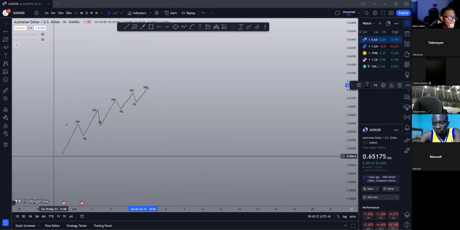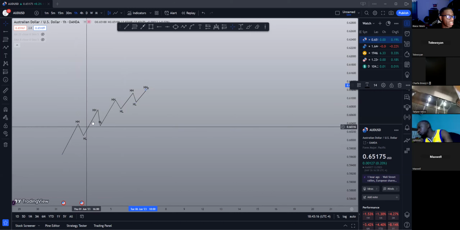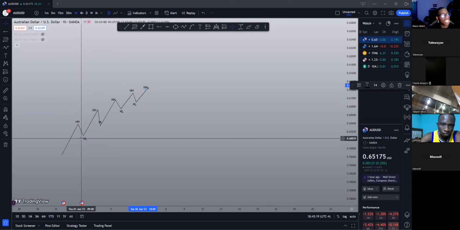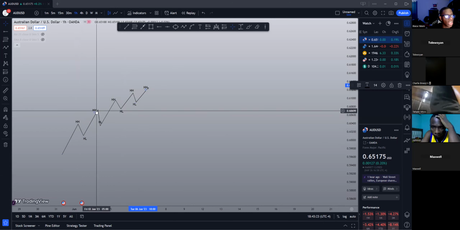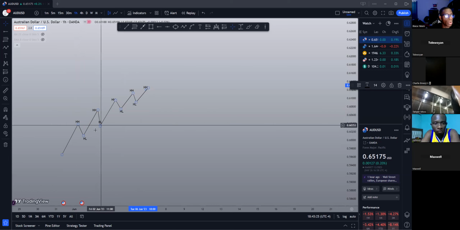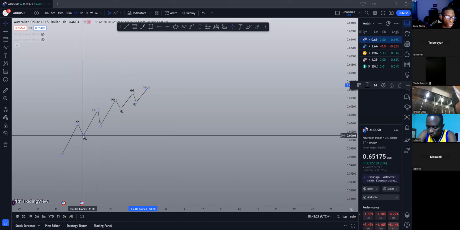So when the market creates a higher high, it definitely has to create a higher low. When the market creates another higher low, what you're expecting after a higher low is a higher high, and after another higher high is a higher low. This is only called a higher low because it's higher than the previous low.